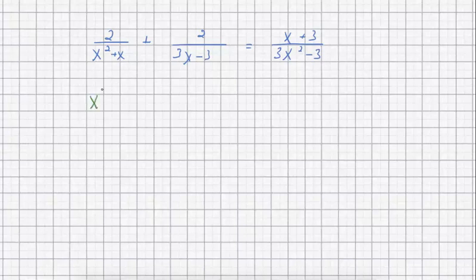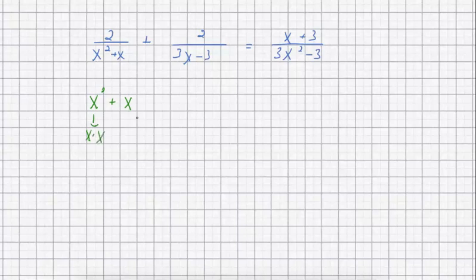We have x squared plus x. We need to see if there is any common factor with those two parts. In order to do so, we need to divide everything to all of its factors. So we know that x squared is actually x times x.